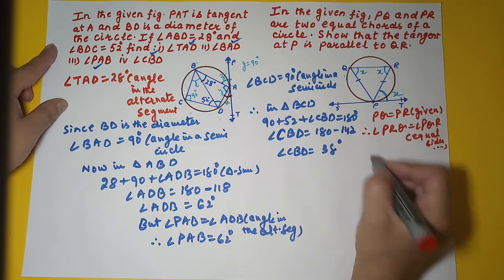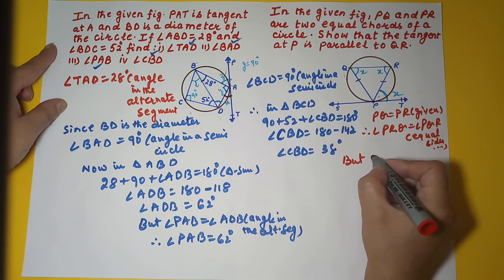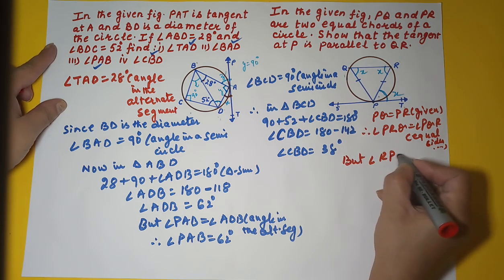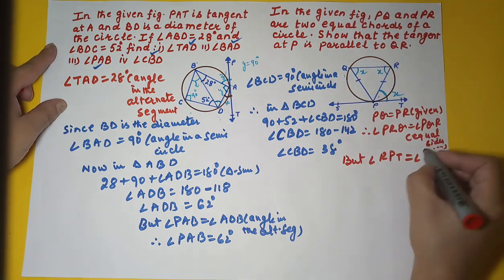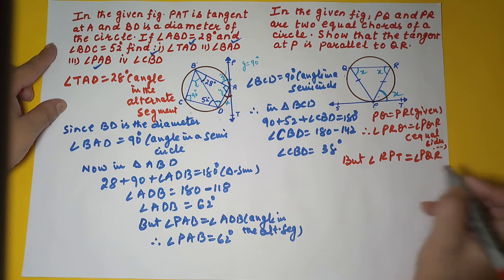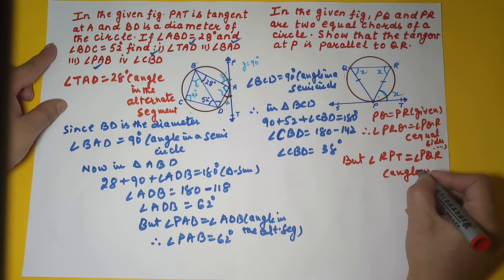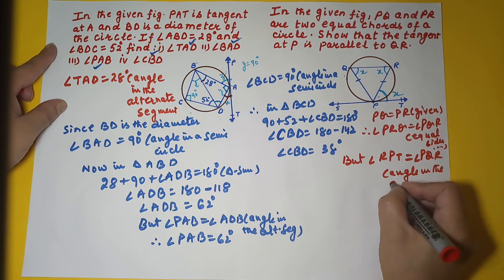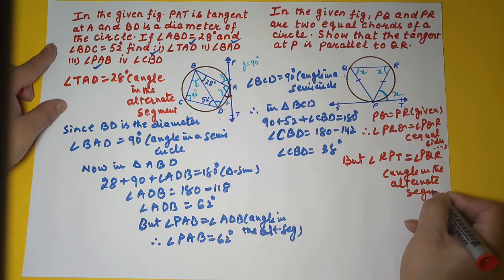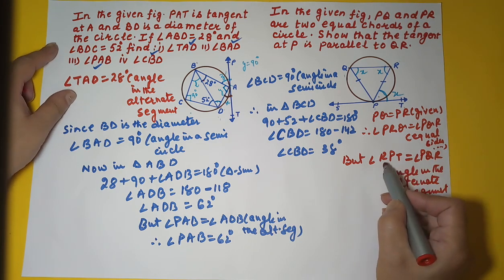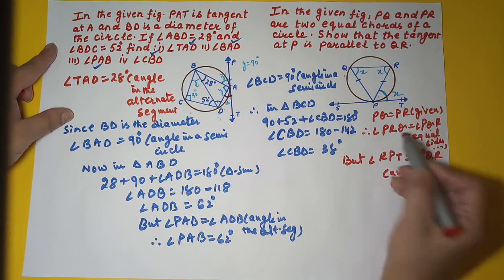Now, you can also say that angle RPT is equal to angle PQR. Reason? Angle in the alternate segment. So they are equal. So if RPT is equal to PQR, PQR is equal to PRQ.